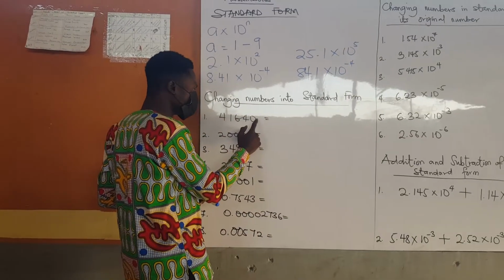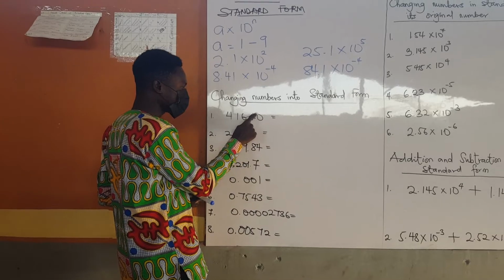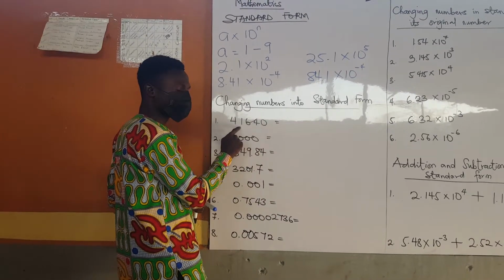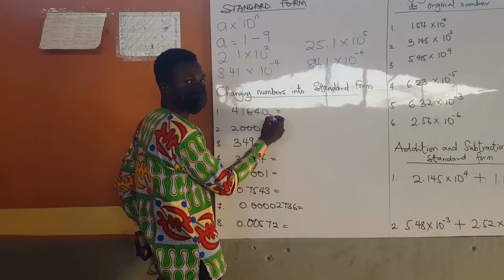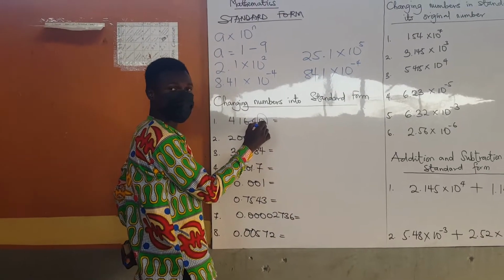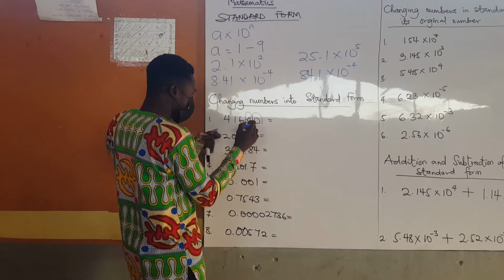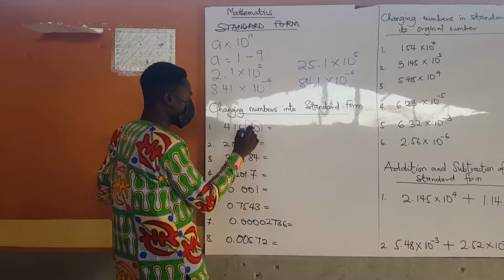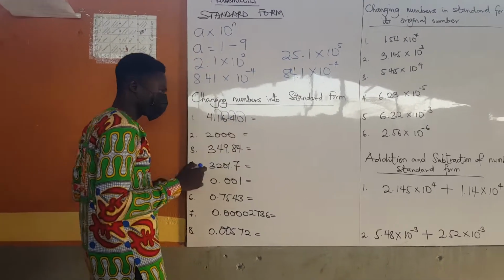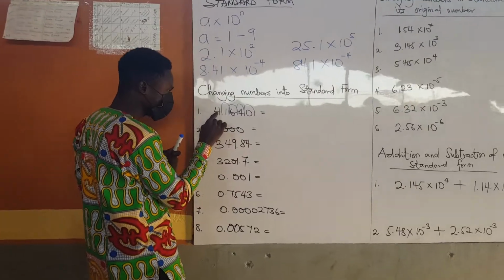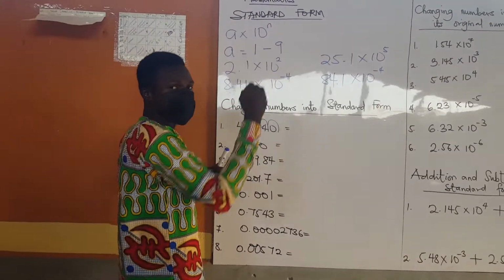So we move from this position. 1. Count the number of times that you move. 2. This number I can't locate within the range, so I'll move again. 3. 4. I can pause here because I can get 4 within the range 1 to 9.